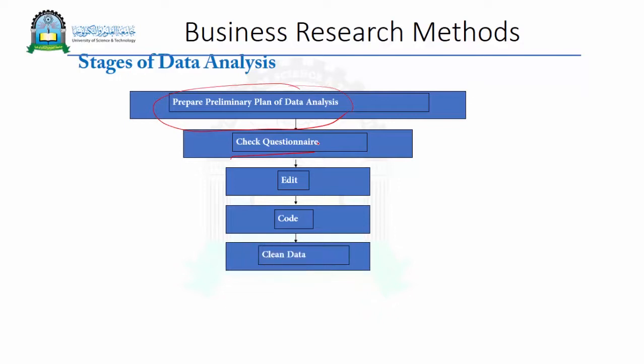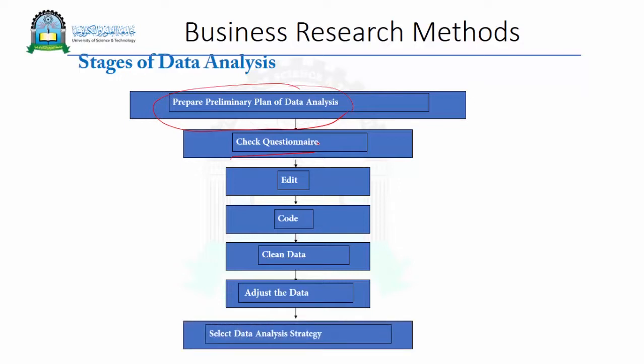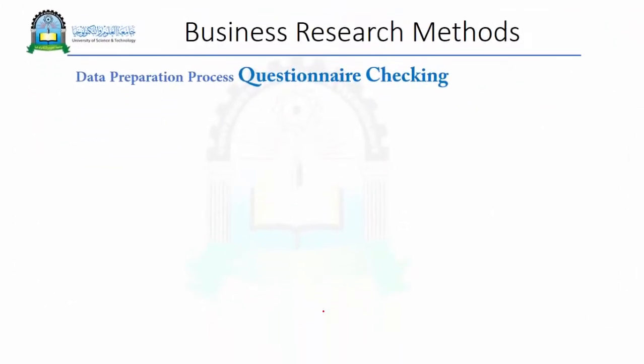And then clean the data from mistakes and errors, and after that adjust the data, and at the end select a data analysis strategy, so you can analyze the data and come up with findings or results.